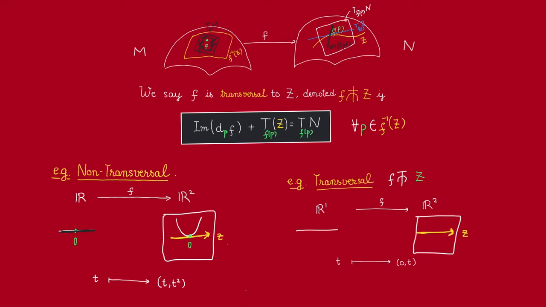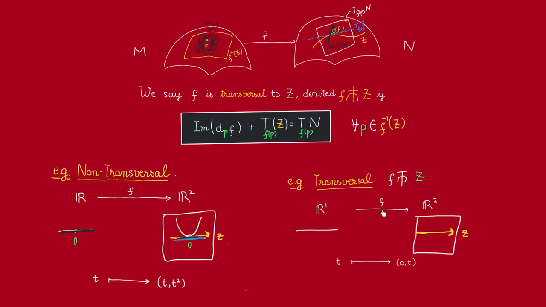Well, that's going to be this x-axis. Now what's the tangent space to Z at the origin? It's also still going to be this x-axis. So together, these two subspaces do not generate the full tangent space. And so we see that the map is not transversal to this x-axis.